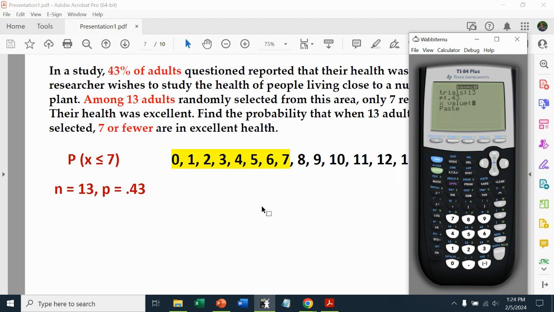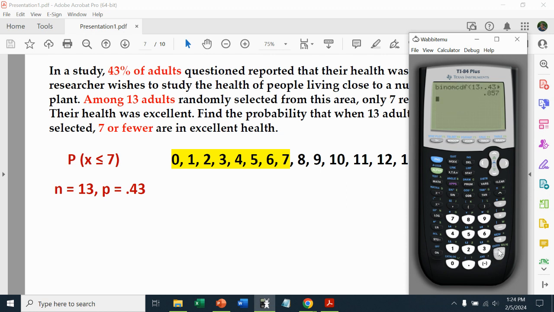And I want the cumulative to add 0 with 1, with 2, with 3, with 4, with 5, with 6, with 7. Stop adding those probabilities when it gets to 7. Tell it to stop adding at 7. And just hit paste, hit enter again, and there's your answer.